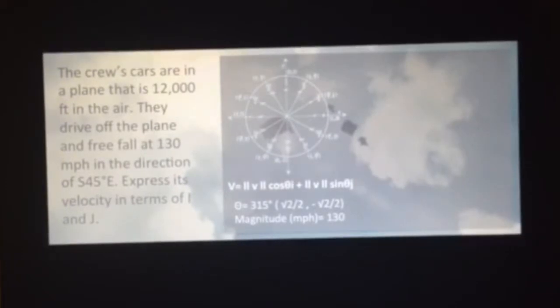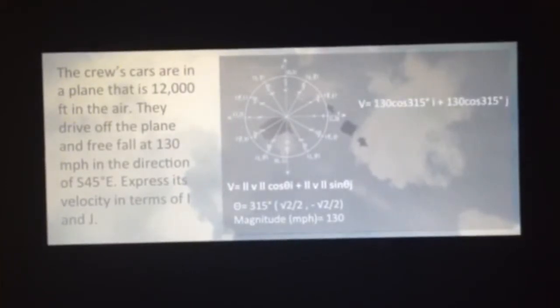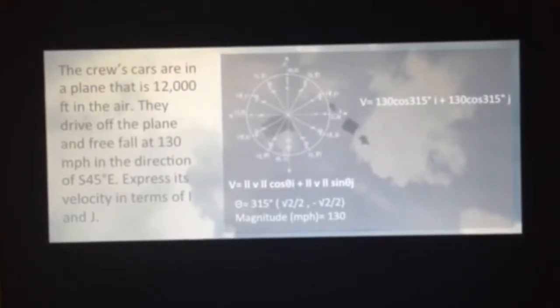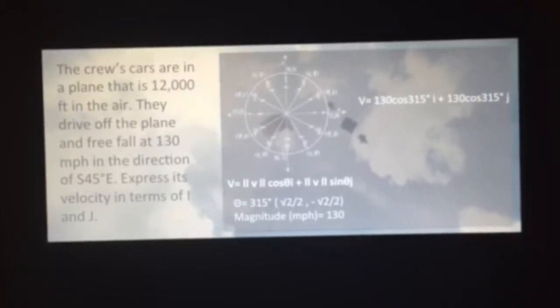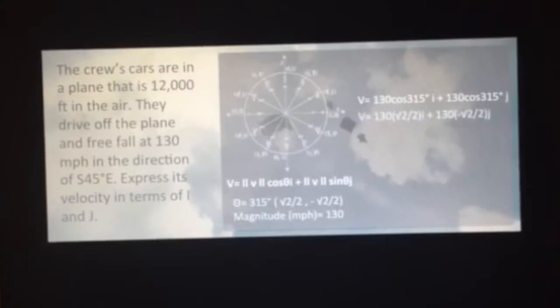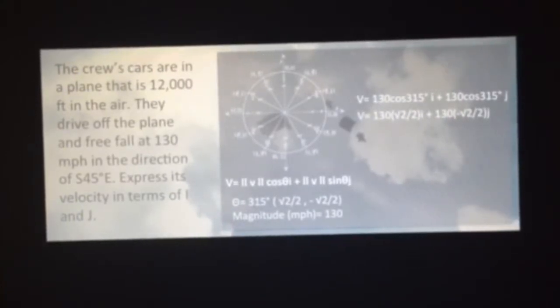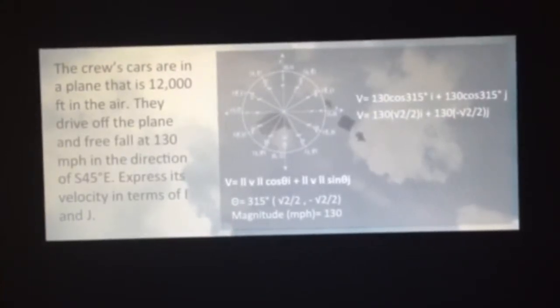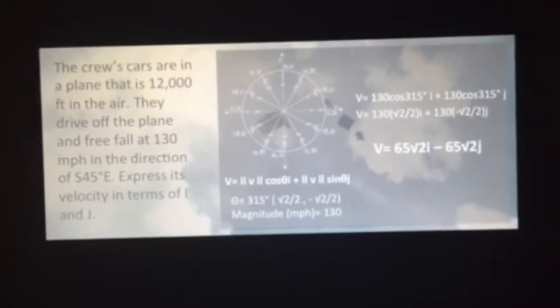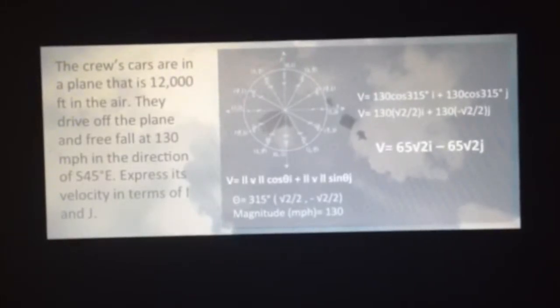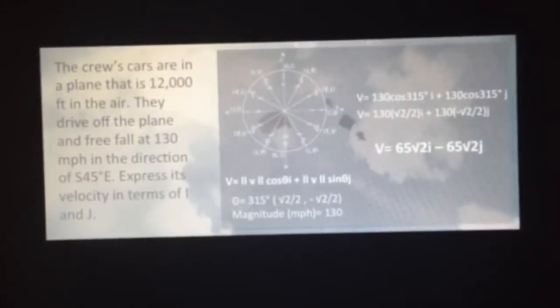When you plug in the values, you get v equals 130 cosine 315 i plus 130 sine 315 j. This equals v equals 130 times square root 2 over 2 i plus 130 times negative square root 2 over 2 j. Once you find the answer, it would equal v equals 65 square root 2 i minus 65 square root 2 j.